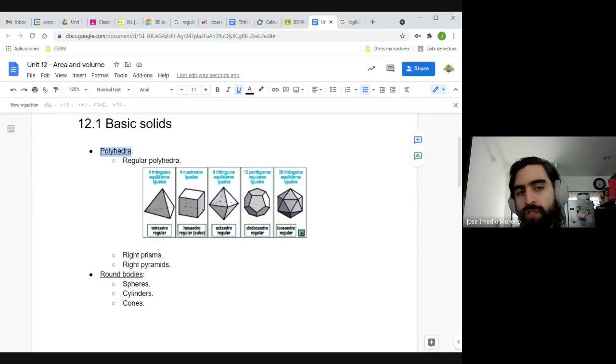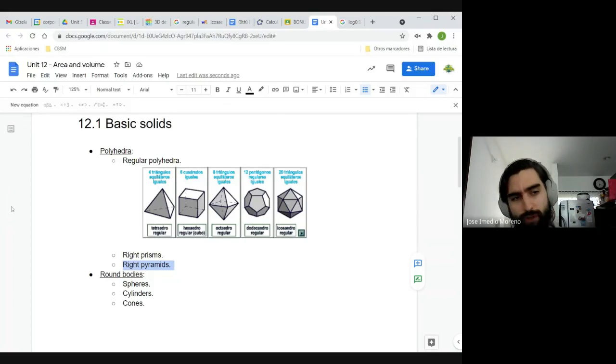The ones I call basic solids are regular polyhedra, right prisms, right pyramids, and then in the round bodies, spheres, cylinders, and cones.